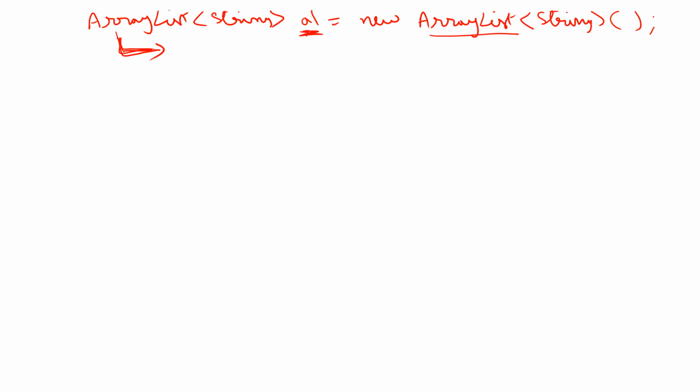Now let's say in my code I have developed different methods where I am passing this object AL. Let's say I have created methods test1 and test2 taking AL, in a different class.